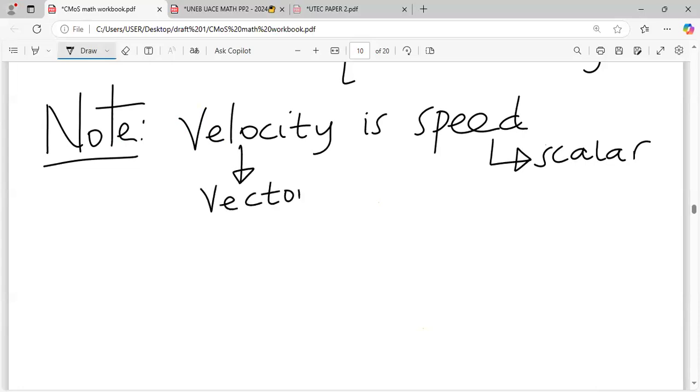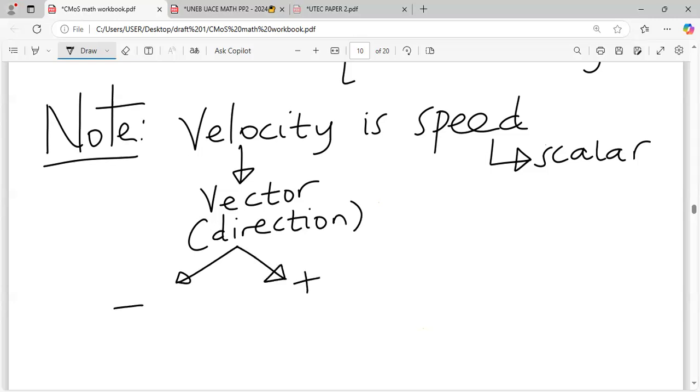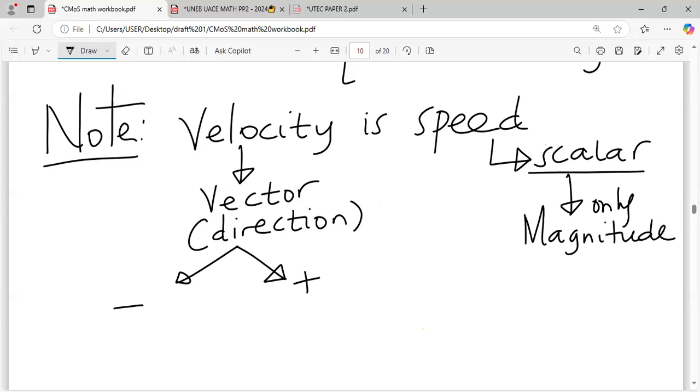Being a vector quantity, it considers direction, and since it considers direction, it can be a positive or a negative. But this one being a scalar only considers magnitude. Only and only magnitude. Since it considers only magnitude, this one can only be a positive. You can never find speed which is a negative.